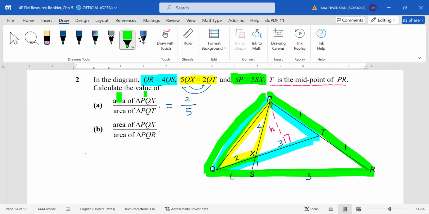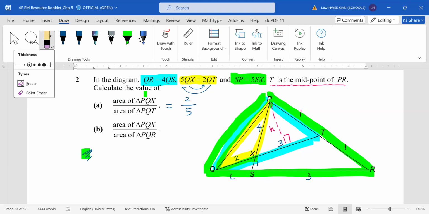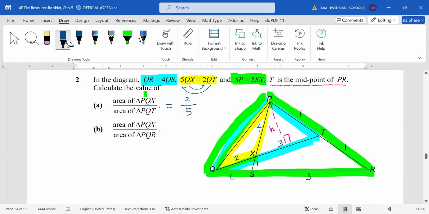Combining all this information, I'm going to put them together. Putting all this together, let me write this down first: area of PQX, divided by area of triangle PQR, which is equal to 2 times area of triangle PQT.